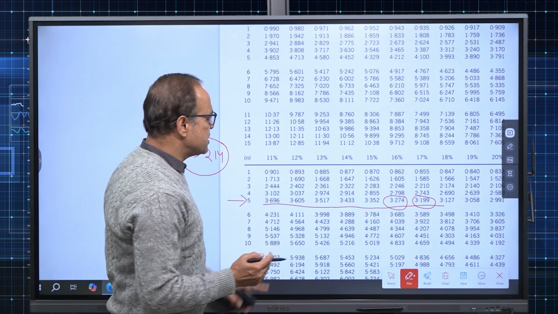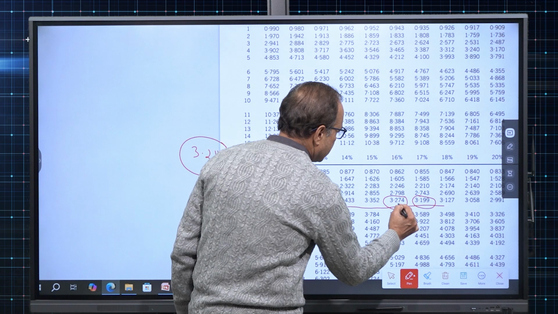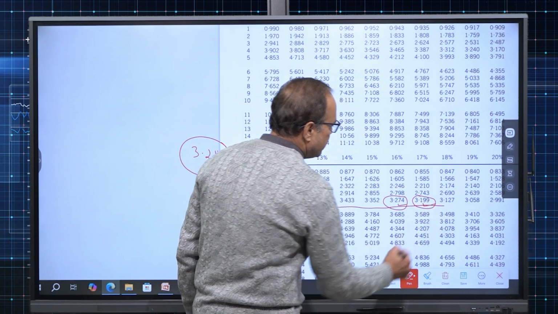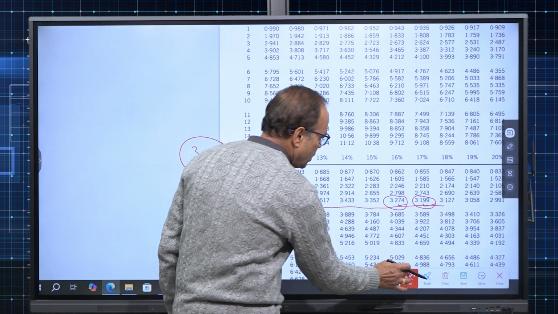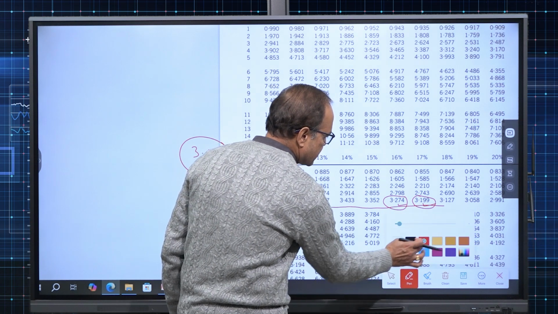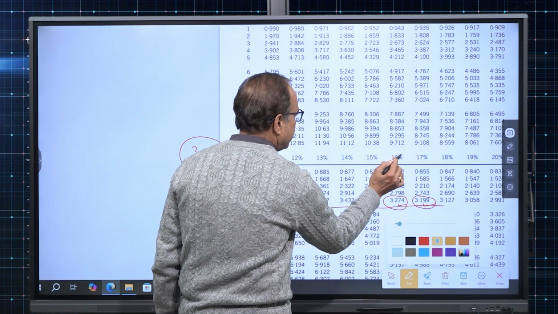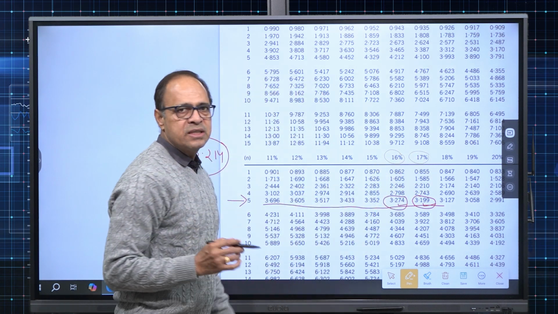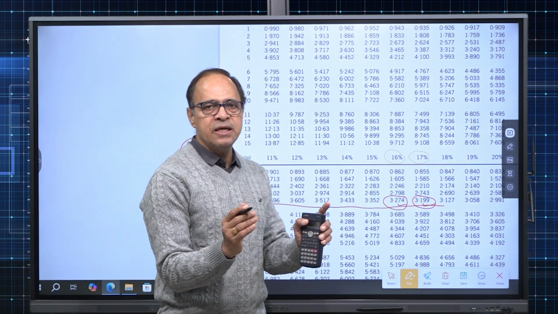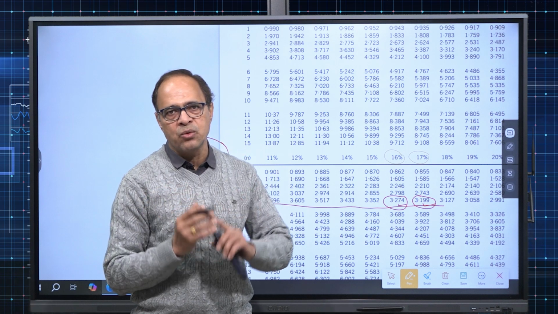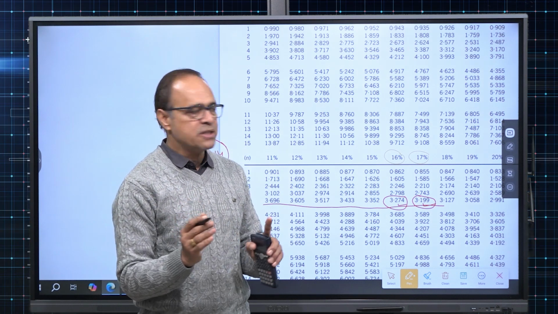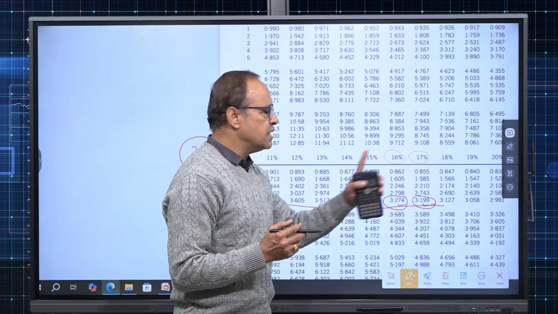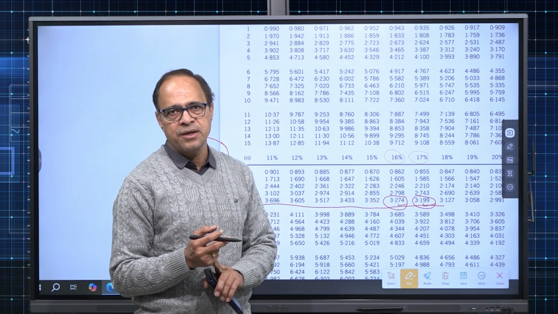So at 16% factor is 3.274, at 17% factor is 3.199. So note down both the factors and both the rates. Now in this case 16% will be called the lower discount rate and 17% will be called the higher discount rate.